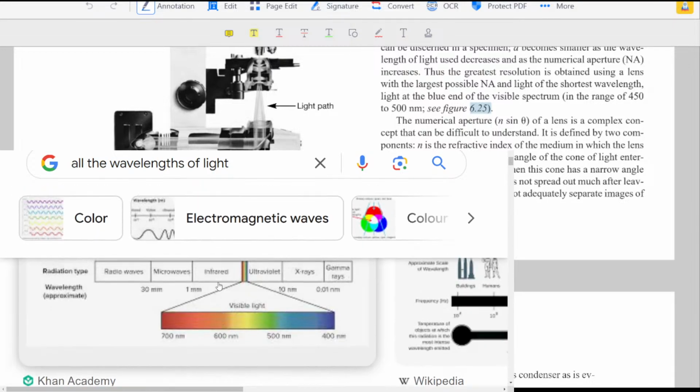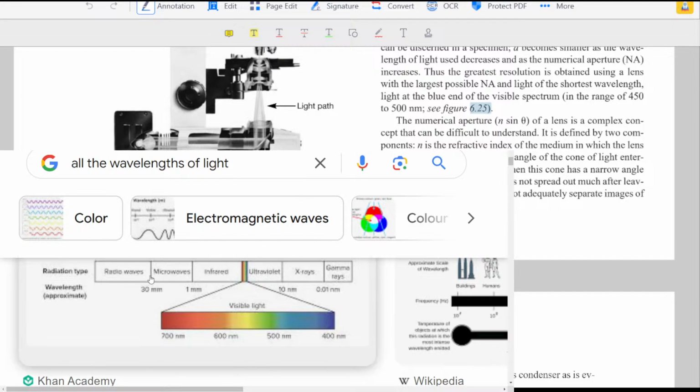So as you can see, the visible light is the white light, which we usually use for illumination purposes. It starts from red and ends on the violet or blue. The red has the largest wavelength, meaning it has lower energy. So 700 nanometer.